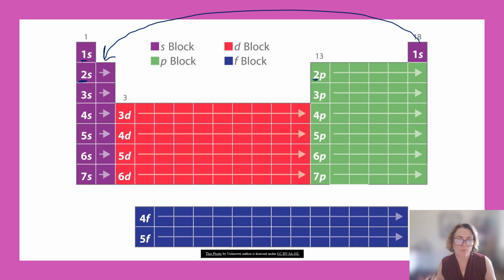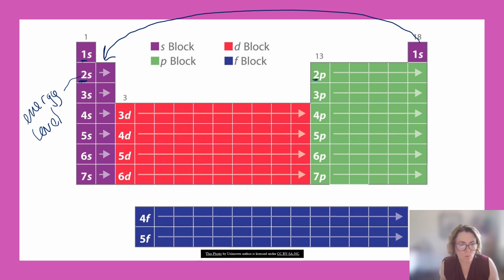That number out front lets us know what energy level we are in. It's followed by the subshell, so it tells you what energy level and subshell those electrons are in.